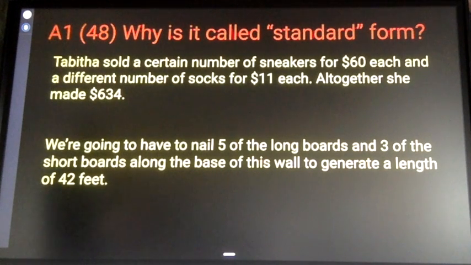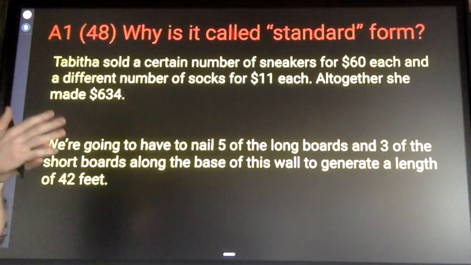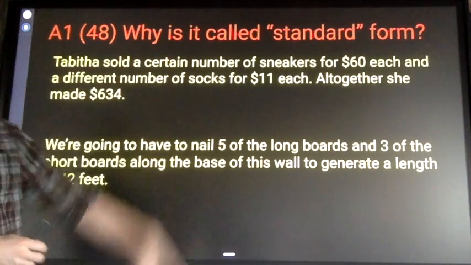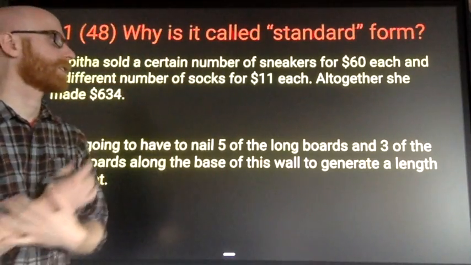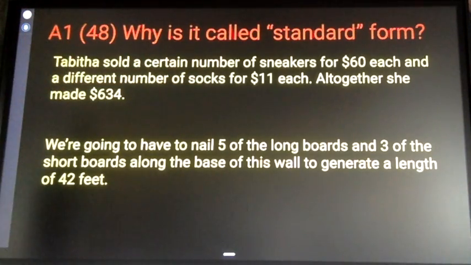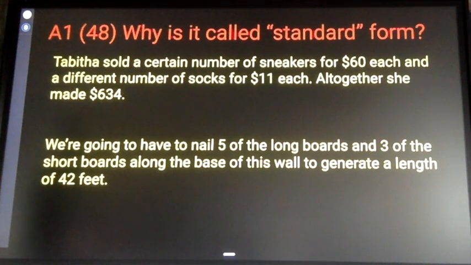Standard is the most natural way to write certain equations when you're given a word situation. So we got: Tabitha sold a certain number of sneakers for $60 each and a different number of socks for $11 each. Altogether, she made $634.